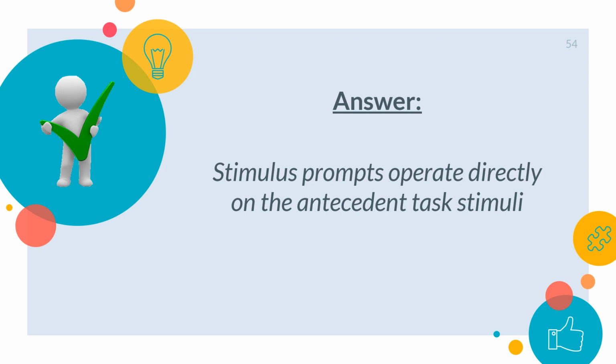You should have written directly on the antecedent task stimuli, so that your statement says stimulus prompts operate directly on the antecedent task stimuli. If you made any errors, please fix them now.